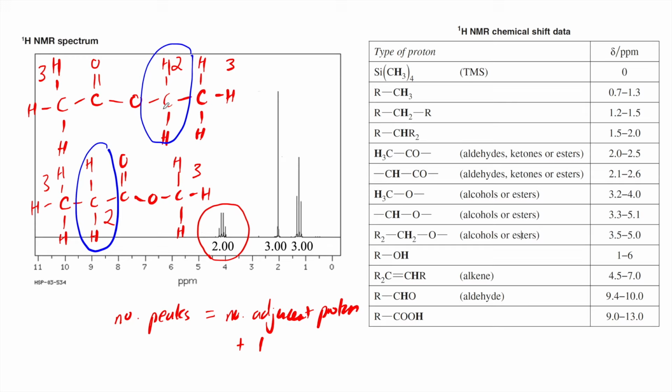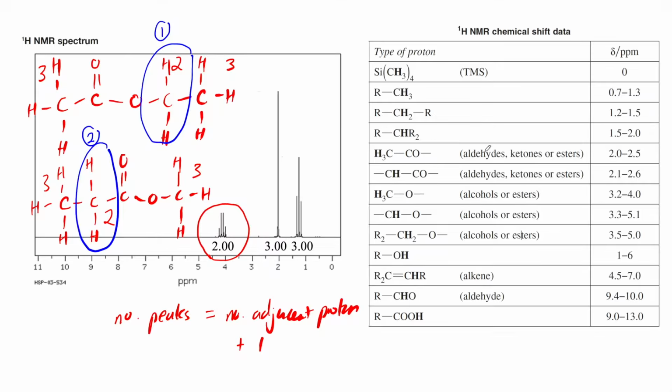However, now it's important to see that these 2 proton environments are actually different between themselves. This proton environment is connected to a carbon atom that has a single bond to an ester oxygen, whereas these 2 protons are bound to a carbon atom that's next to the carbonyl carbon. Let's call this proton environment 1 and this proton environment number 2.